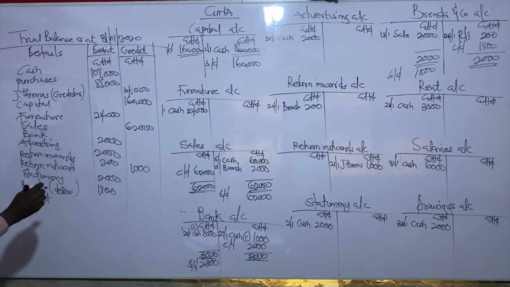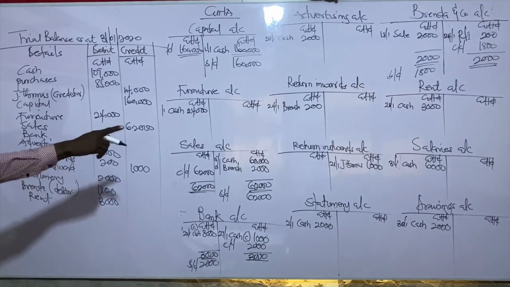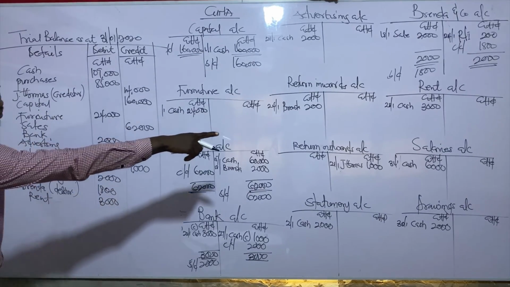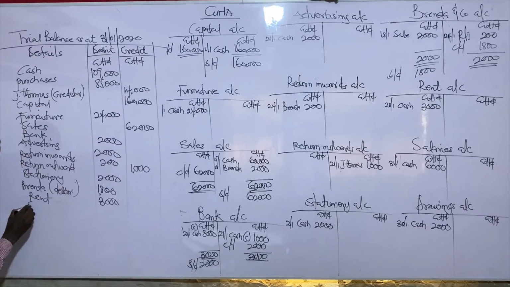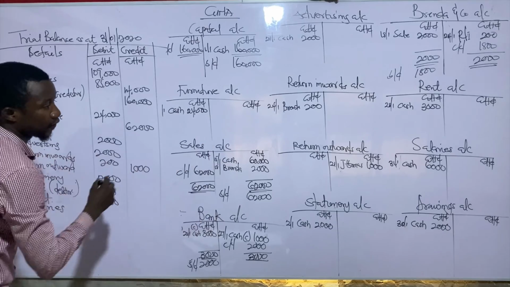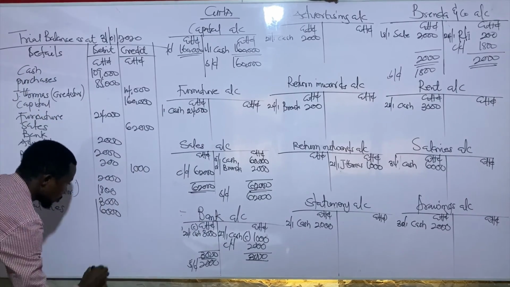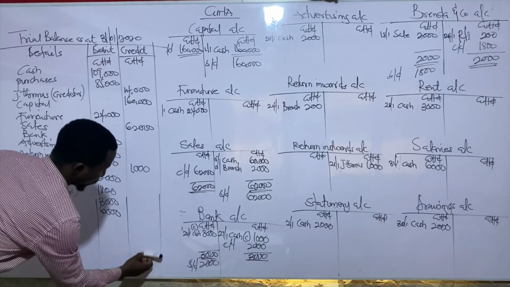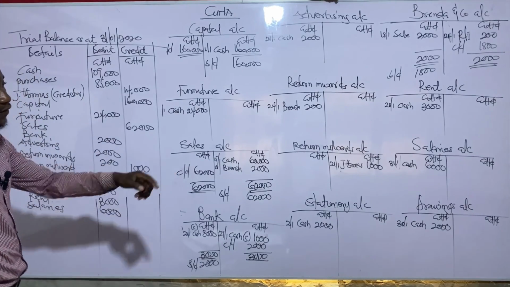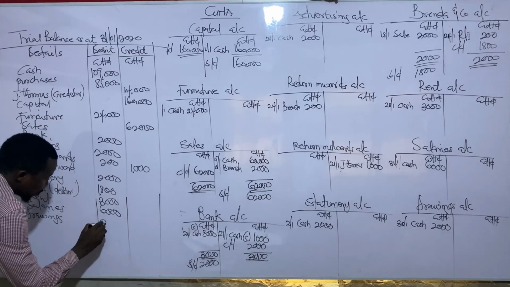Rent also has a debit of 3,000. From rent, we look at salaries. Salaries is a debit of 6,000. From that, we have drawings, a debit of 2,000.